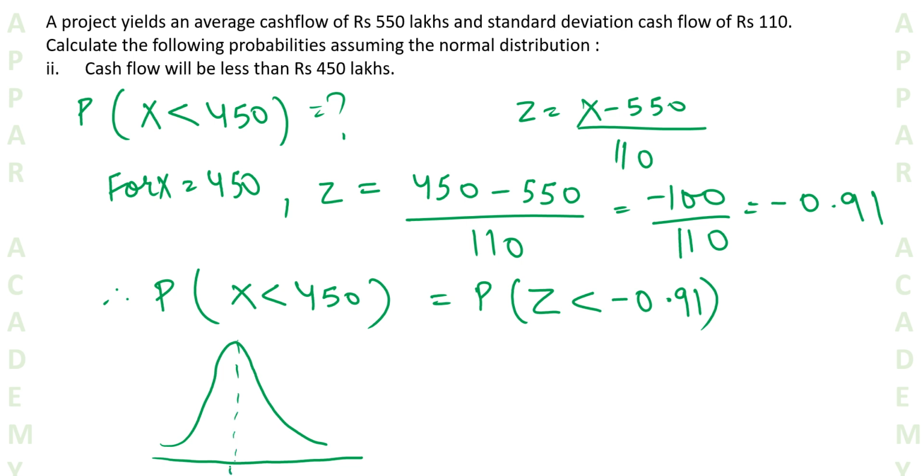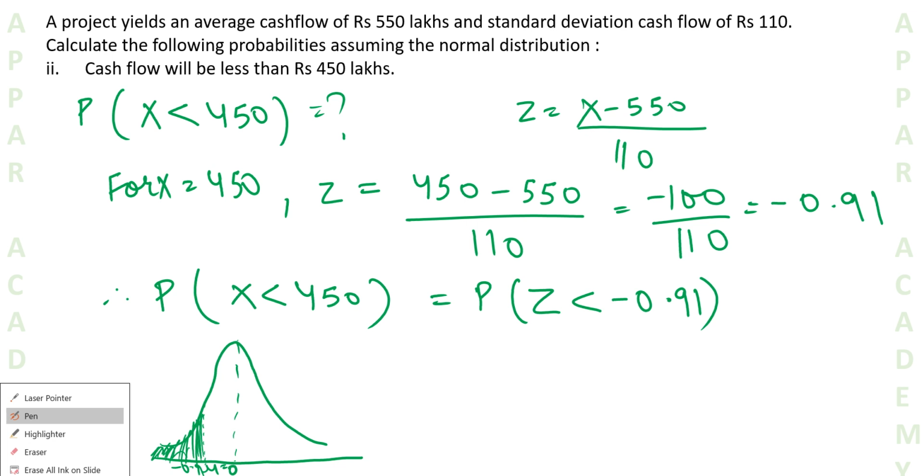It will hardly take a second, and you will definitely get a correct answer with this. So mean is equal to 0, and let's suppose this is minus 0.91. Now we need to find the probability that z is less than minus 0.91. So basically we need to find this green shaded region, yes or no?